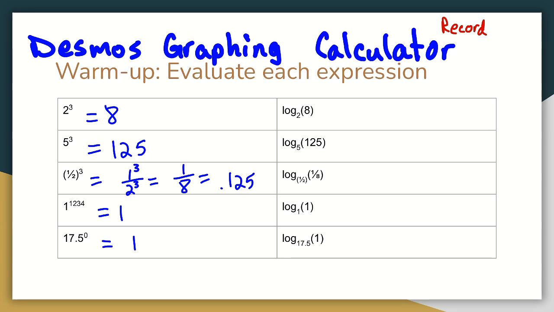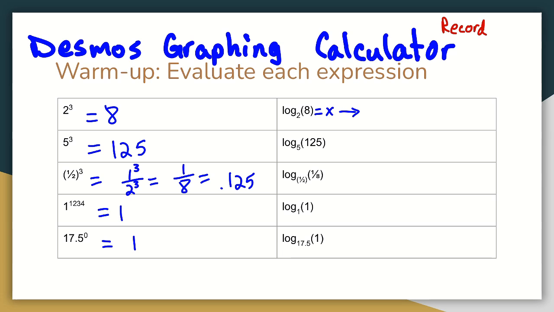When it comes to these other ones, it's kind of helpful to think about what this says in terms of exponentials, because I don't have my logarithms memorized really. So think of this as equal to some variable x. And then we can convert that to exponential form.